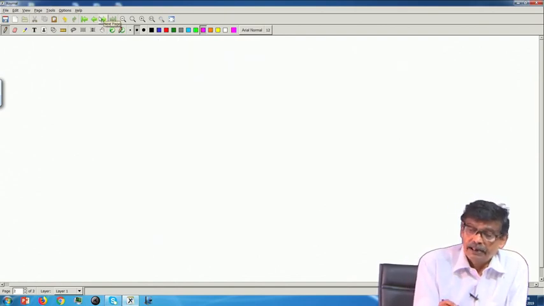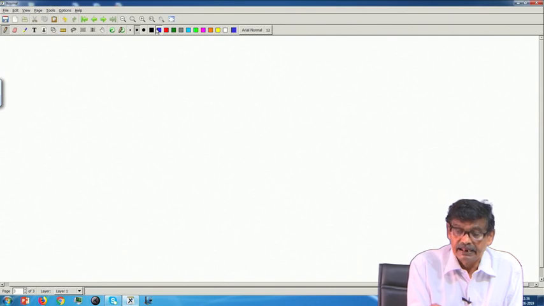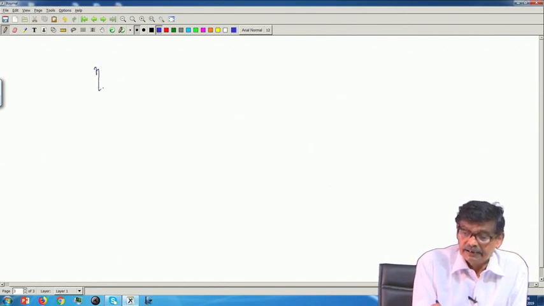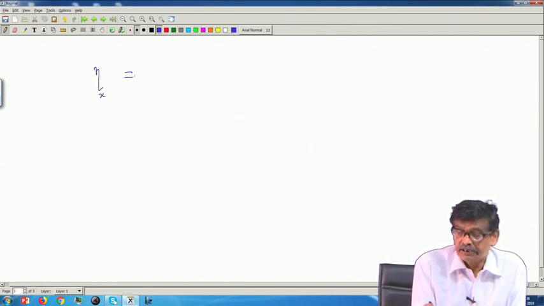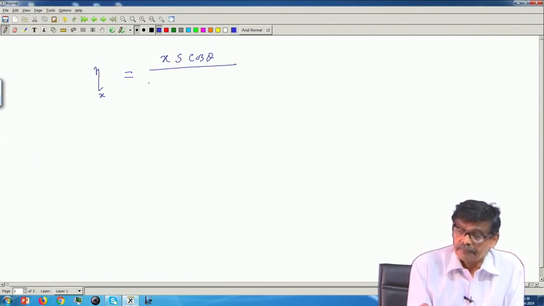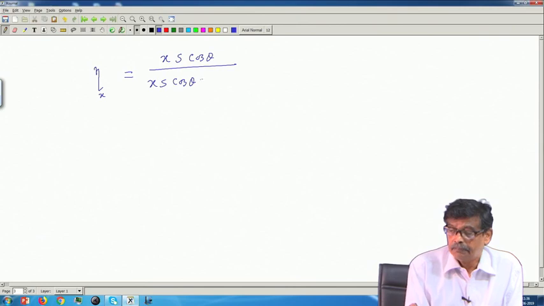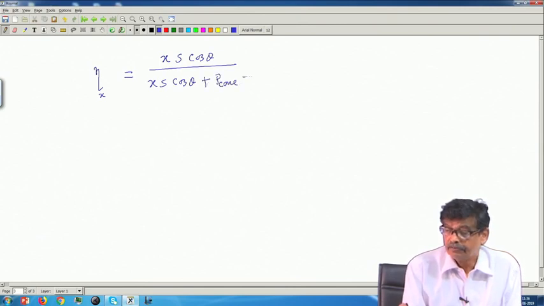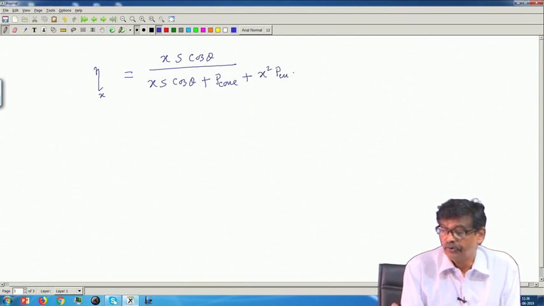Okay. So, I will start by telling that eta at any degree of loading, I am rewriting this, is x S cos theta divided by output once again x S cos theta plus P core plus x square into P Cu full load.